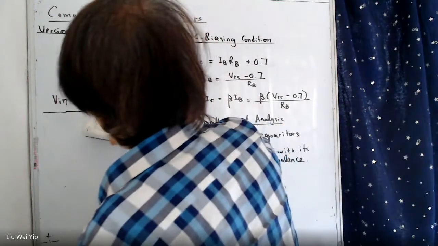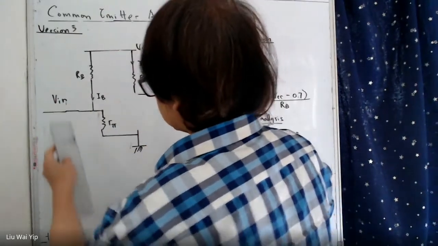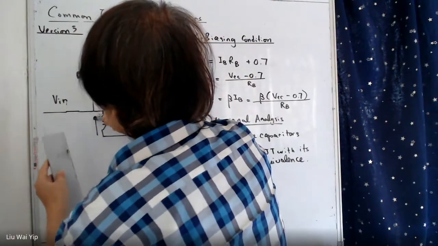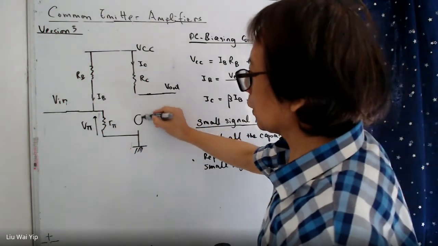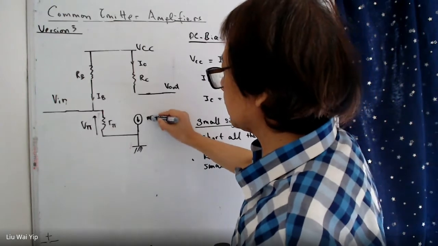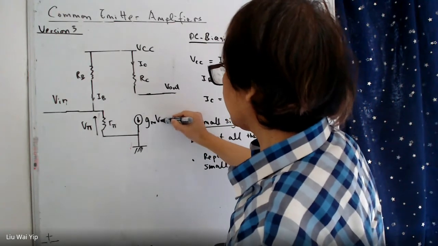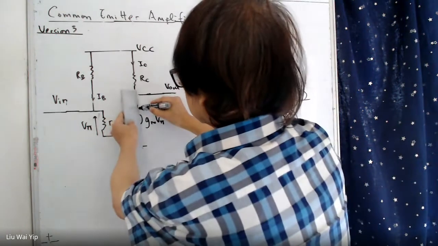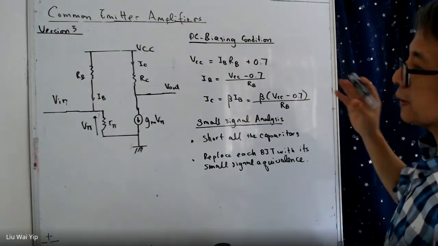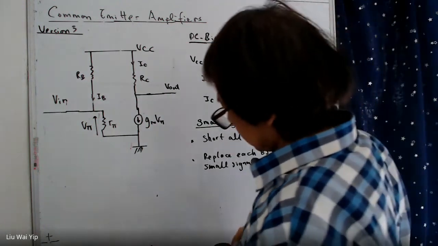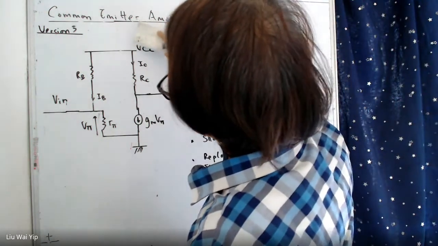And the current source here is gm V pi. And I have told you VCC is a fixed DC voltage. It is an AC ground.